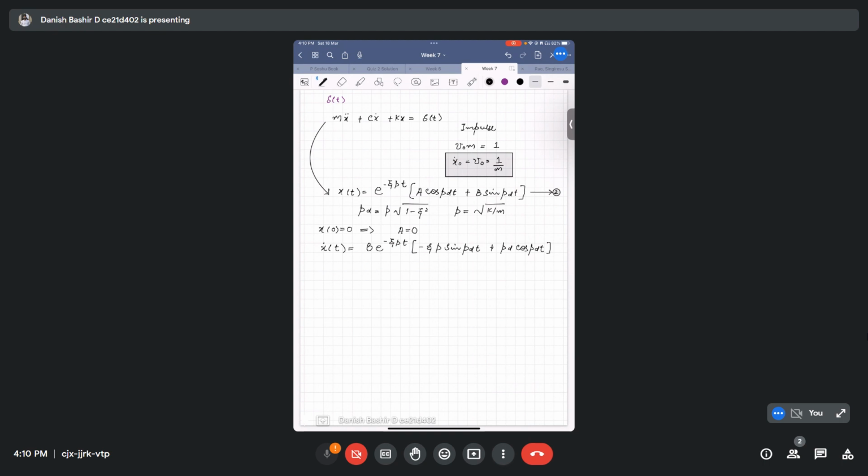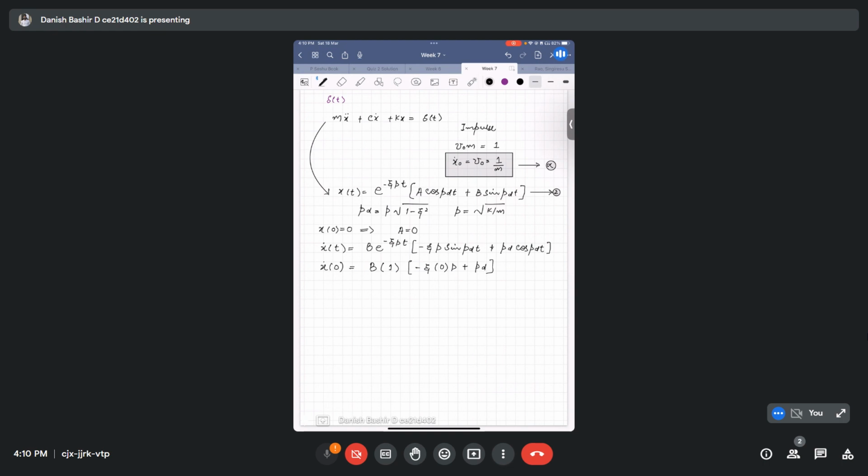Okay, this one. So we will substitute our boundary condition x dot of 0. Substituting t is equal to 0, e to the power 0 is equal to 1, minus theta p times sin 0 is equal to 0, and cos 0 is equal to 1, so it will be equal to b p d. Okay, equation alpha.